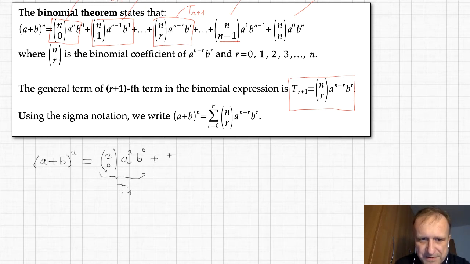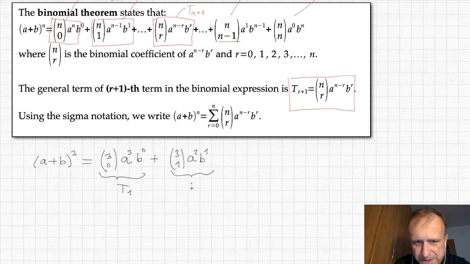The term following this is the second term, and it should have 3 choose 1 as the coefficient, times a to the power 1 less than 3, which is 2, times b to the power 1 more than 0, which is 1.